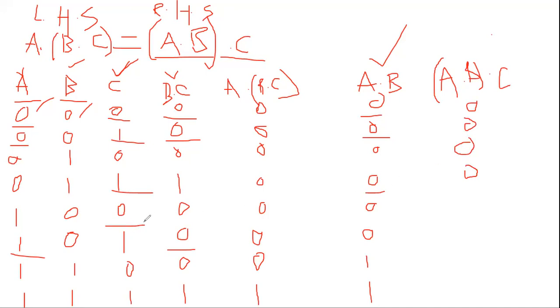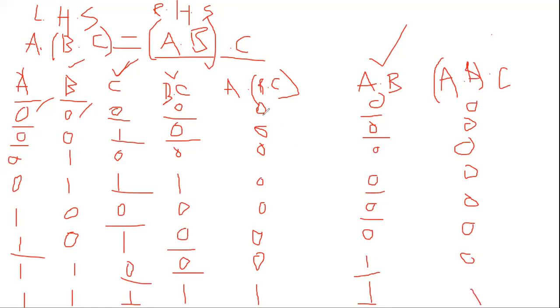Next 0, 0. 0, 1, 0, 0. Okay, sorry, here this is 0, 1, 0. C is 1 and A dot B is 1, so 1.